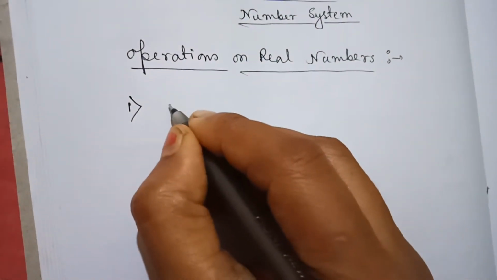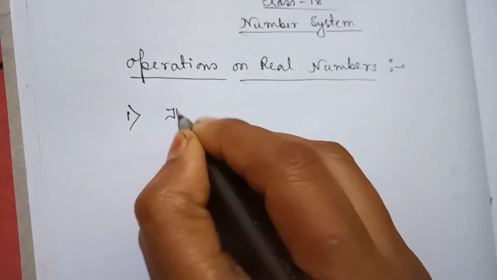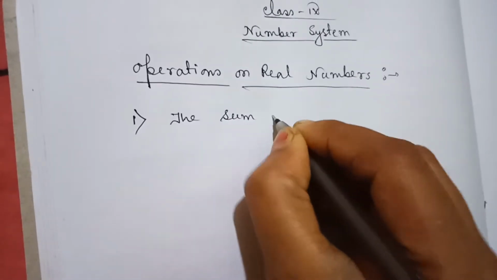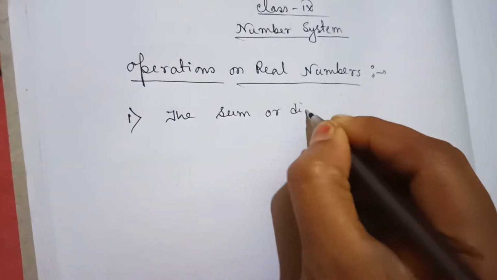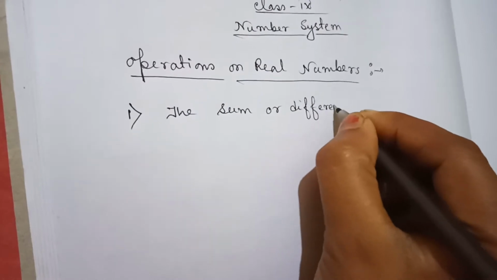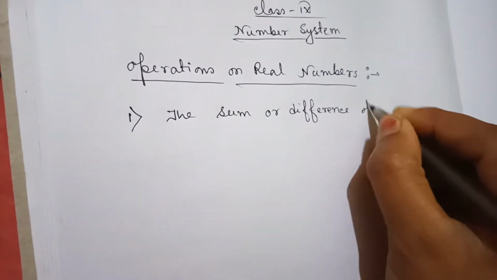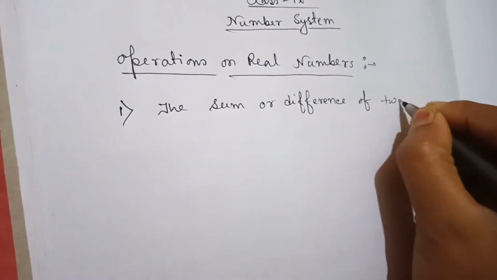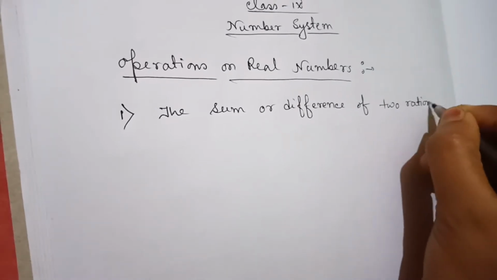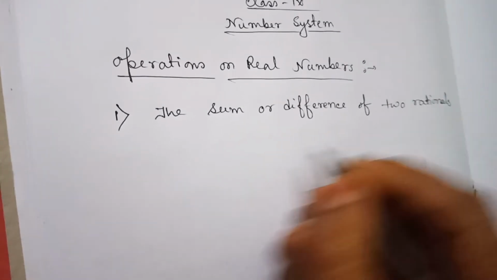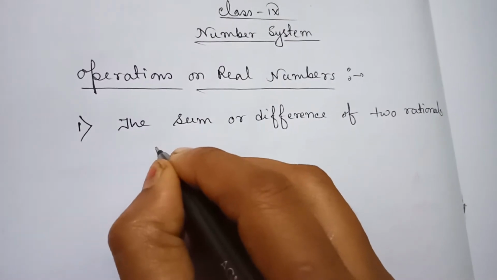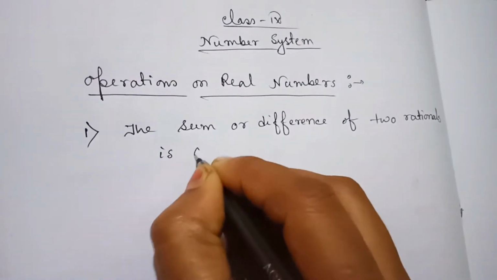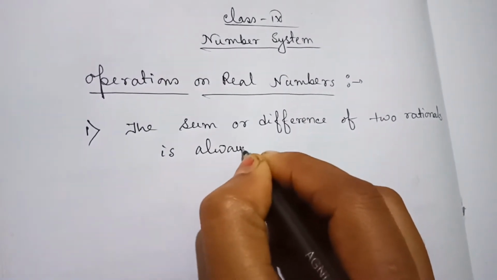points here. So the first point is the sum or difference of two rationals is always rational.